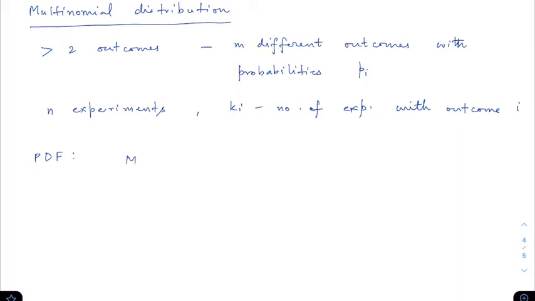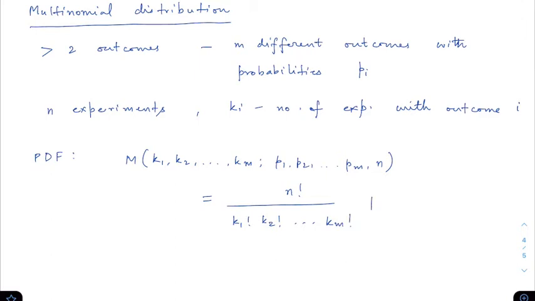This multinomial with respect to the random variables k1, k2 up to km, and the probabilities p1, p2, pm, n being the total number of experiments, assumes this form: n factorial by k1 factorial, k2 factorial, product of all these factorials, and multiplied by p1 to the power k1, p2 to the power k2, all the way up to pm to the power km.